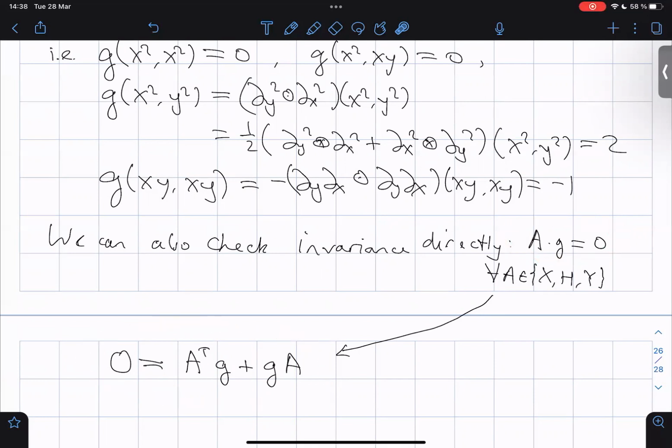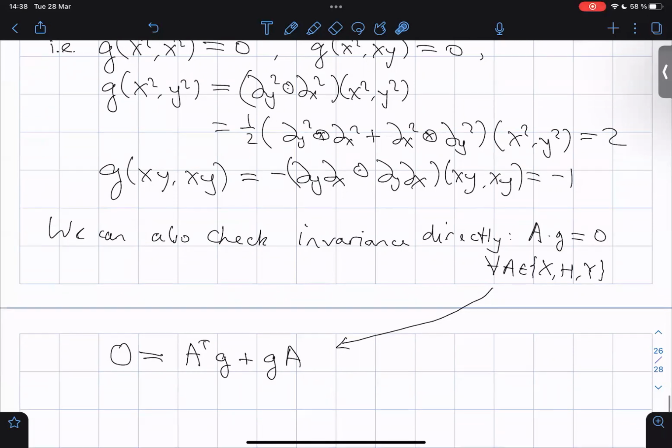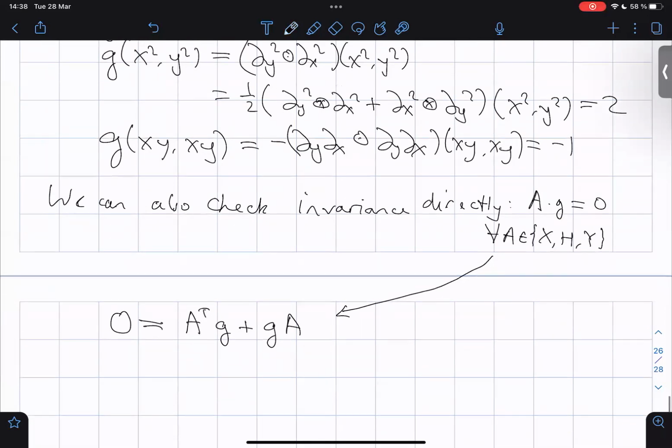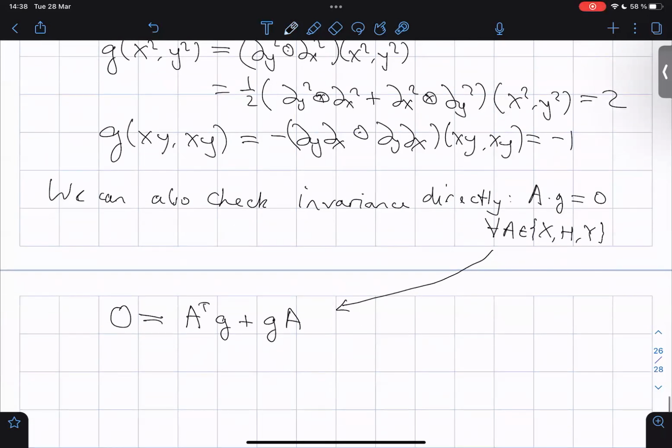But what does this mean? Because A is a 3x3 matrix, I have to express it as a 3x3 matrix. But we know what that is because we can induce the action on V2. We've seen those matrices before, in the basis that we're considering over here.